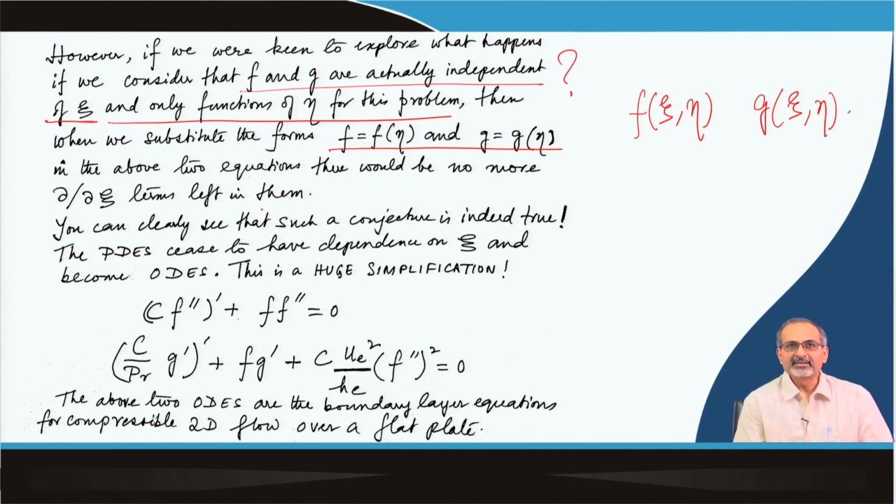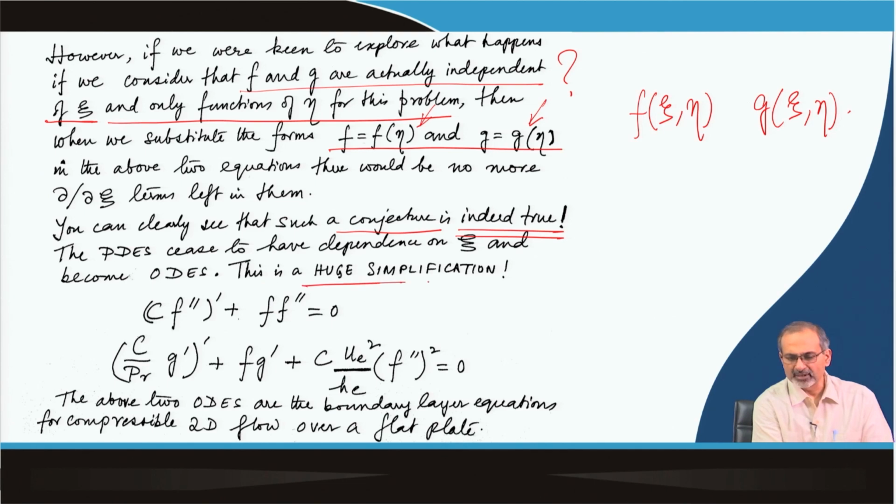Now, you can clearly see that such a conjecture is indeed true, and that is an exciting result. The PDEs cease to have dependence on xi and they become ODEs. That means all dependence on xi drops out the moment you try to impose these functional forms there, which indeed means that f and g are not dependent on xi at all.